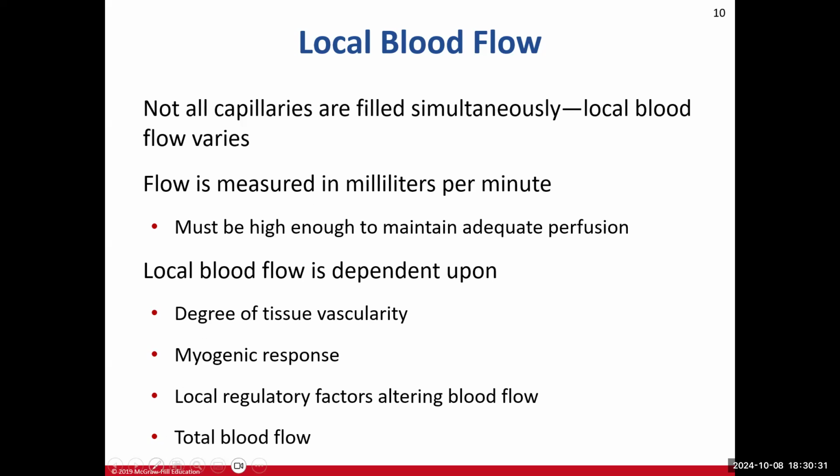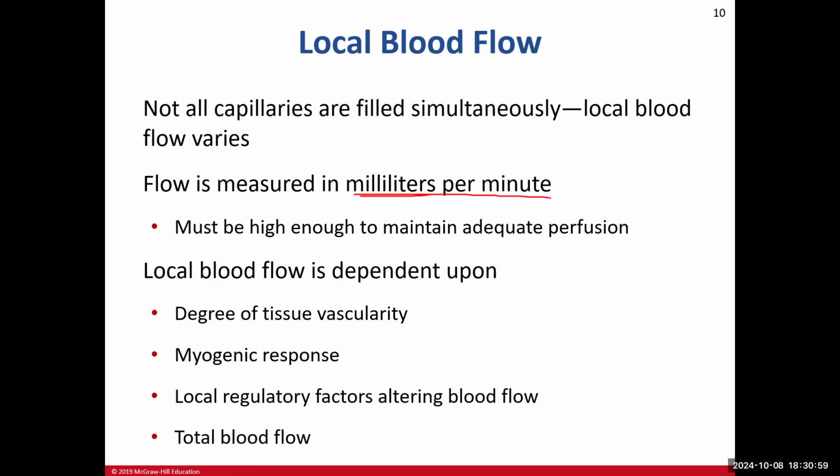When we talk about local blood flow, we're going to measure that flow with a couple of different values: a volume value and then a time value, so milliliters per minute. That should look familiar to you because I talked about the concept of perfusion. Perfusion is essentially blood flowing to a tissue.